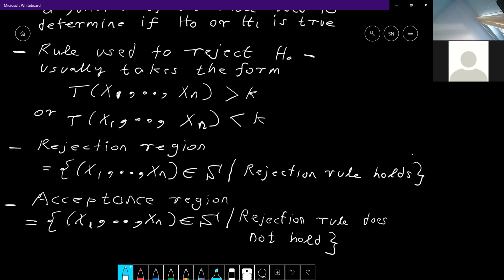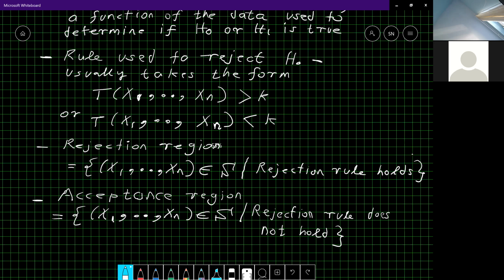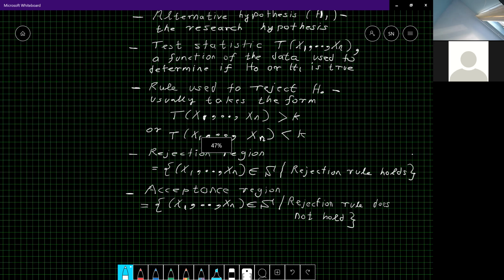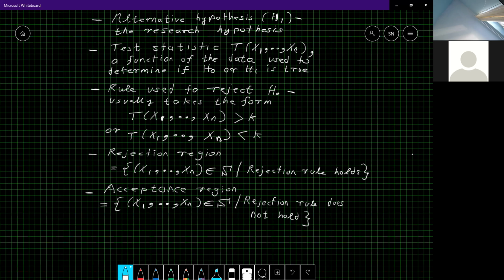All right, guys, so those are the six elements. You see this, guys? These are the elements of a test of hypothesis.